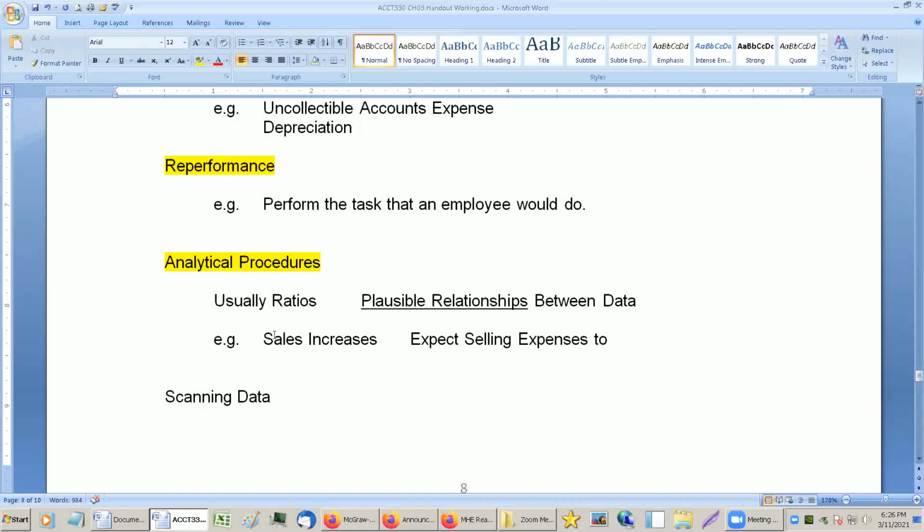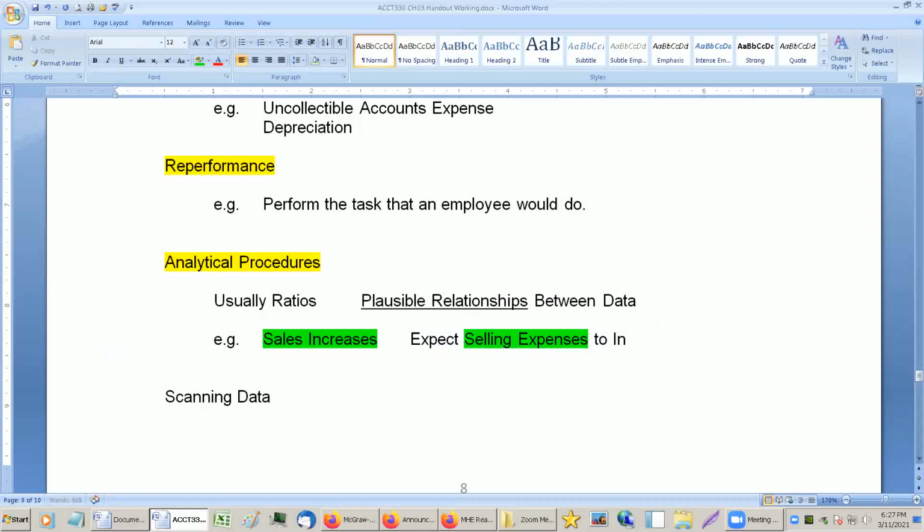So we have our sales increases by whatever amount. What would you expect would happen to selling expenses? Would they go up or down? What would be a plausible relationship? They should increase as well. Exactly. You expect they go up as well, either through more advertising, or paying more commissions, or whatever. You'd expect that they would also increase.